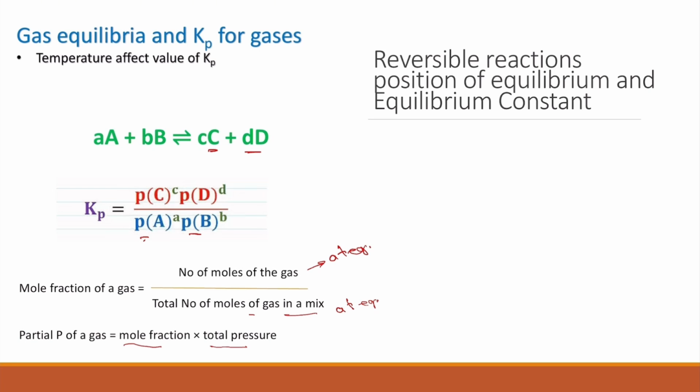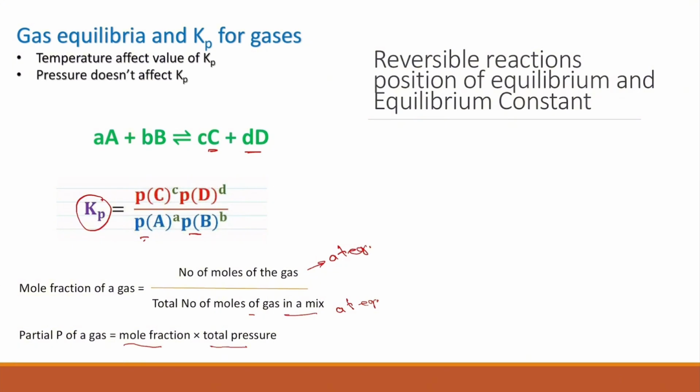So if you increase the temperature, the equilibrium will be pushed to the side which is endothermic to oppose the effect of the increase in the temperature. That means that the partial pressures of the side to which the equilibrium has shifted will increase compared to the other side. So this is why the Kp value will change.